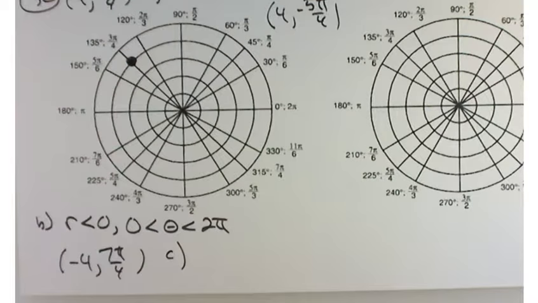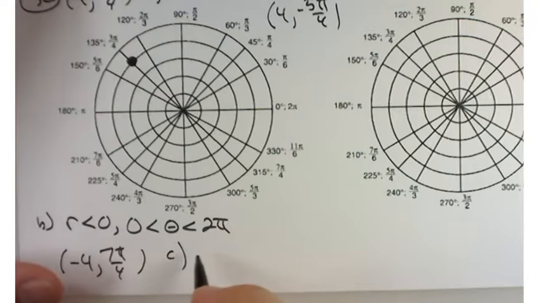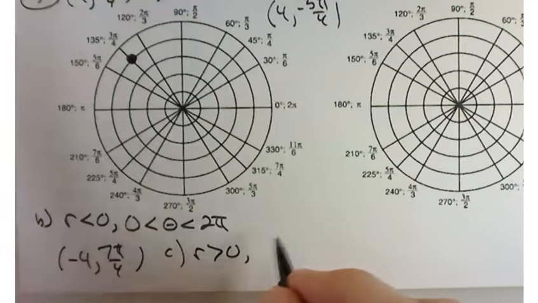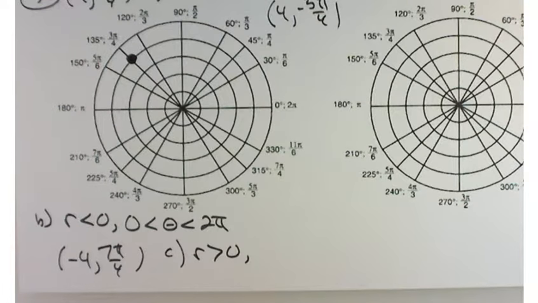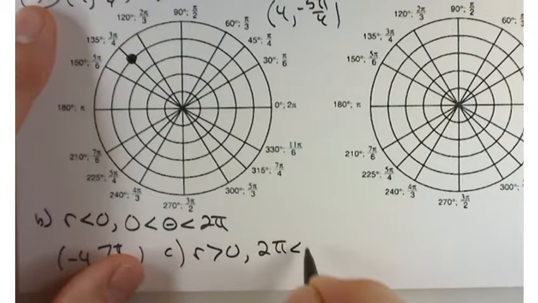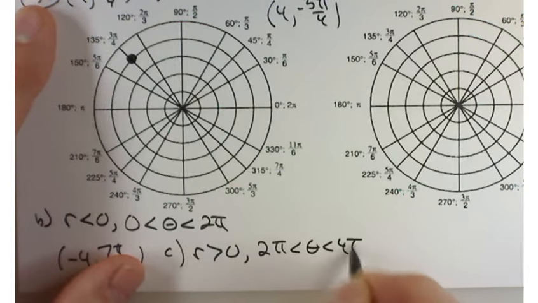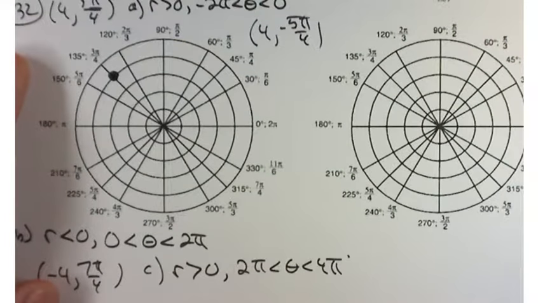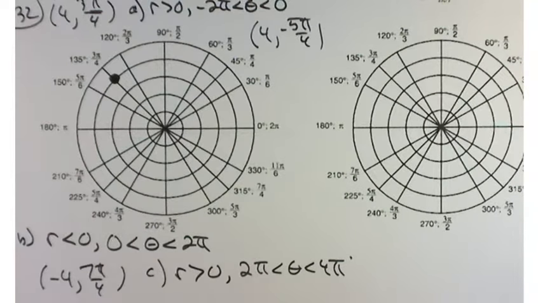Okay. Last but not least, part C. This time I want a positive radius, but my angle is going to be between 2 pi and 4 pi. So what does it mean that our angle is between 2 pi and 4 pi?